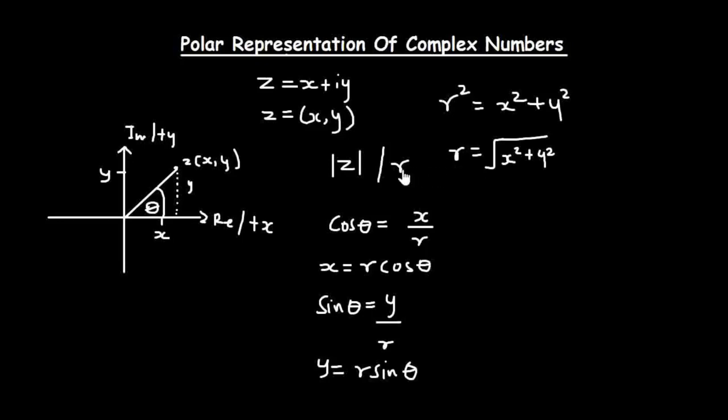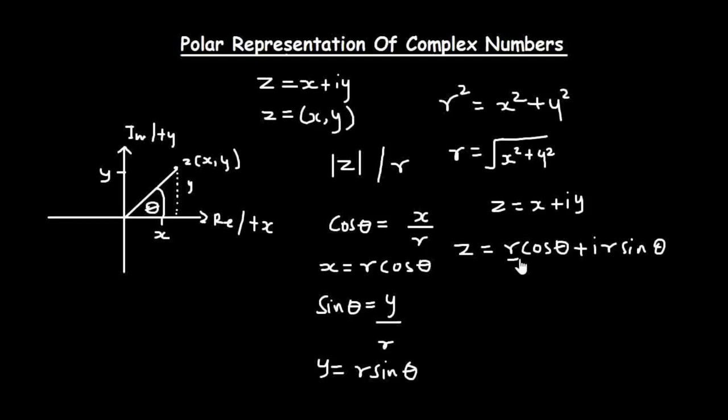Now let's go back to z. We know that z equals x plus iy. But we know that x equals r cosine theta, and y equals r sine theta. So let's do direct substitution here. Therefore, z is equal to x, which is r multiplying cosine theta, plus iy, but in this case y is r sine theta.